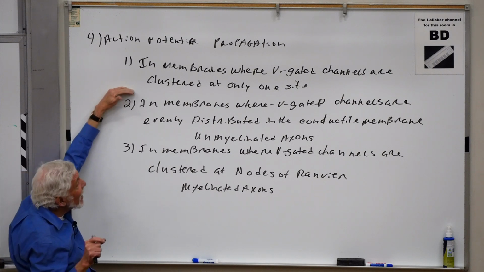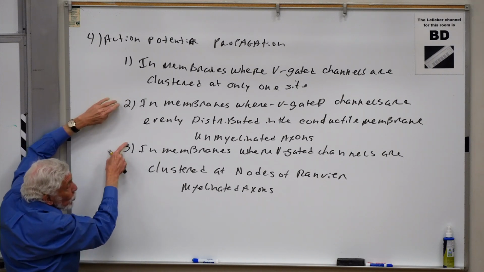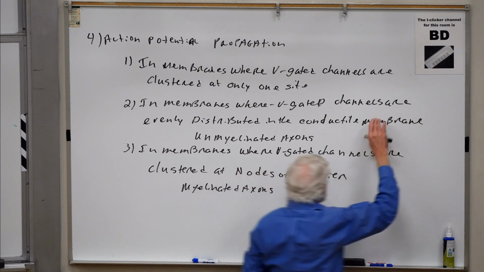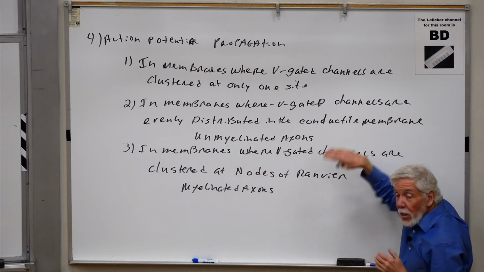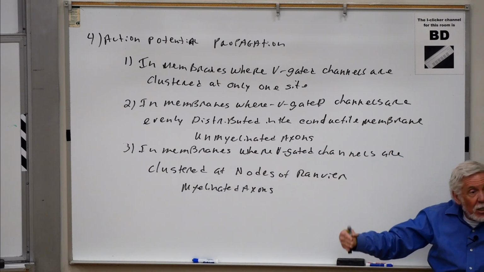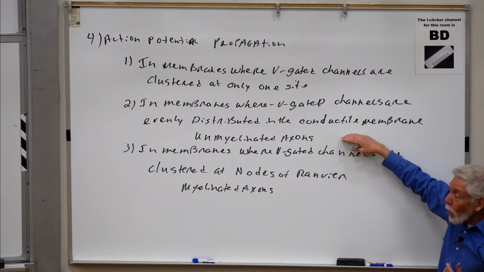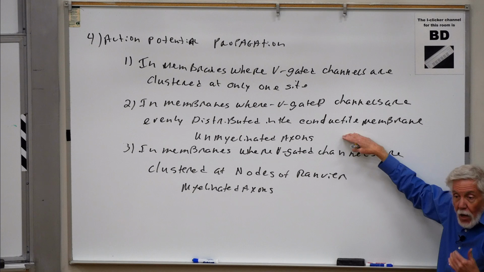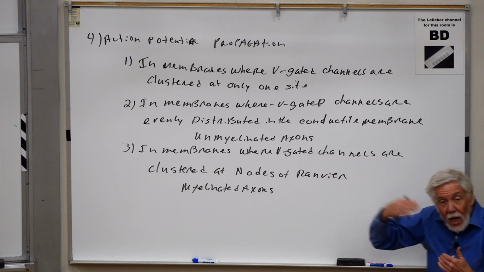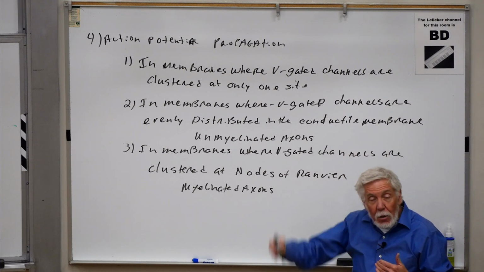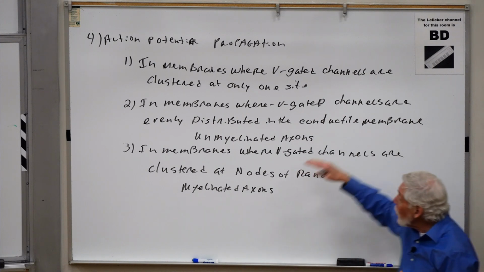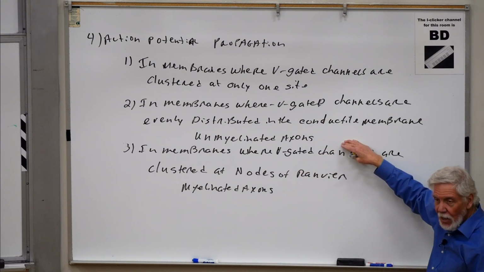So long-distance signaling requires the dispersal of the voltage-gated channels along the membrane. The first dispersal we'll talk about is evenly spacing the voltage-gated channels all along the membrane. We can then use the voltage-gated channels almost like a series of dominoes, opening them sequentially, allowing the sodium to come in, allowing the potassium to go out. And that will be something we'll see in unmyelinated axons.